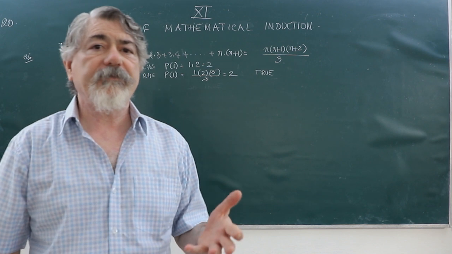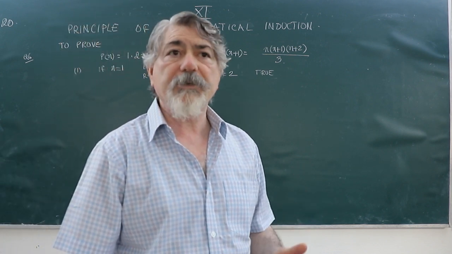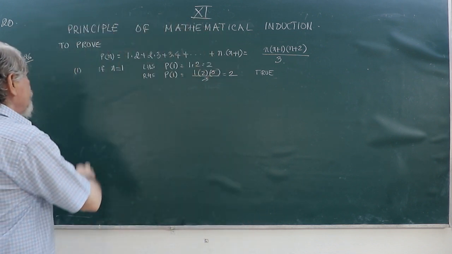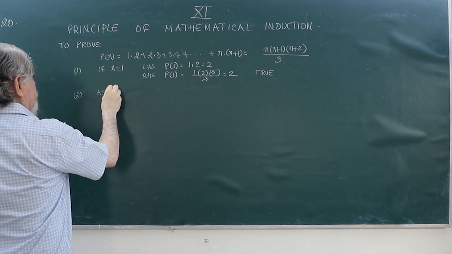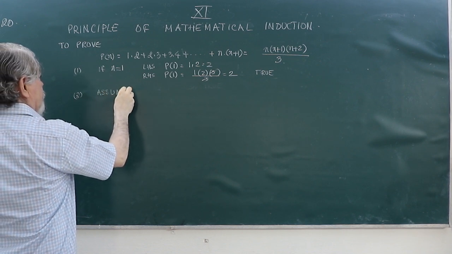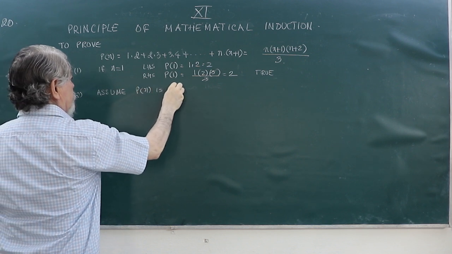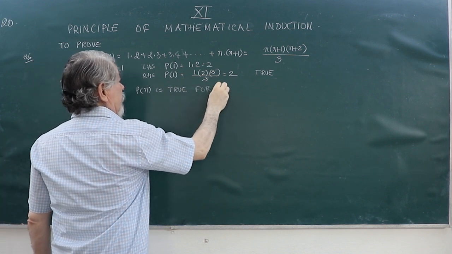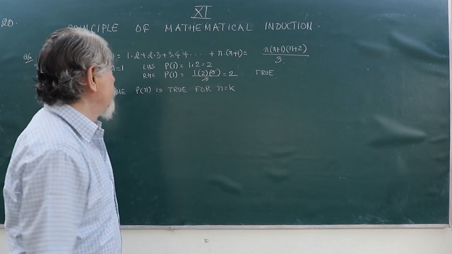So for that we have told you how we do it with the principle of mathematical induction, that we will assume that this statement is true. Assume Pn is true for n is equal to k. It is true for n is equal to k.